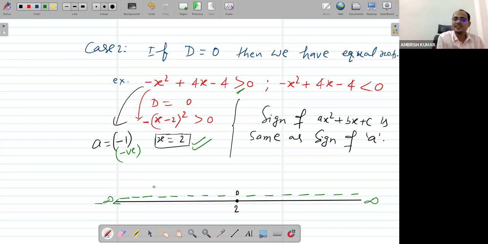So can you just tell me the answer here? If it's always negative, so for the first part we have to solve for positive. You will say nowhere it is positive. So for the first part, the answer is simply going to be x as this, we read out as phi. Phi means what? The empty set. No value of x, no answer.